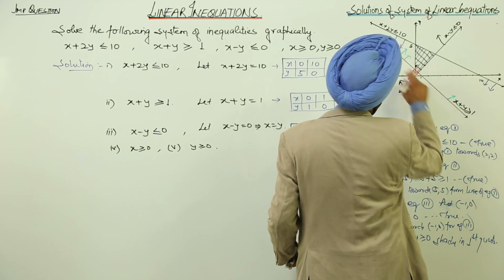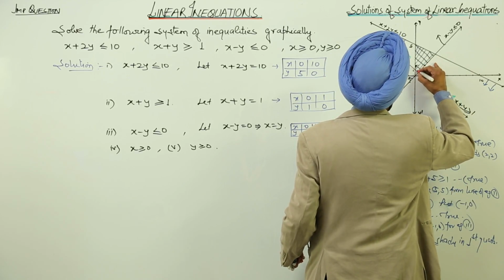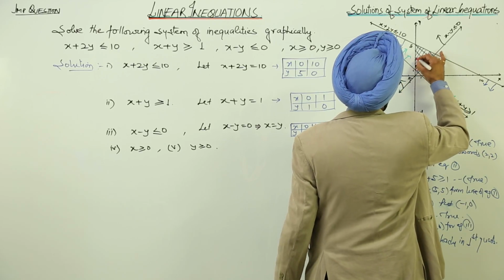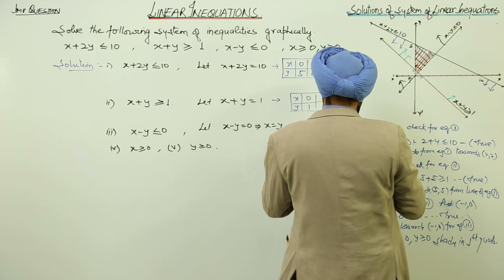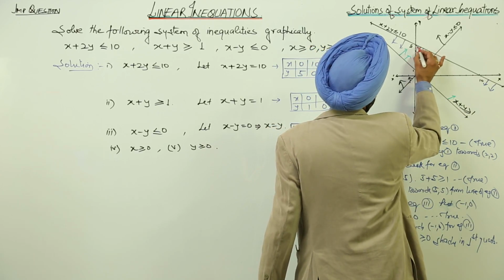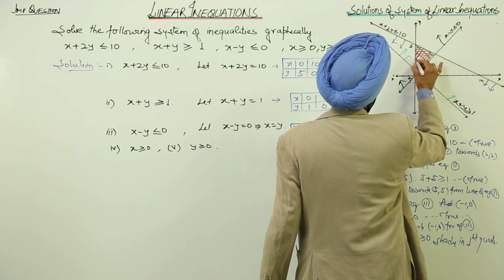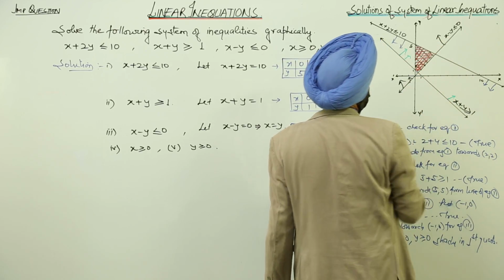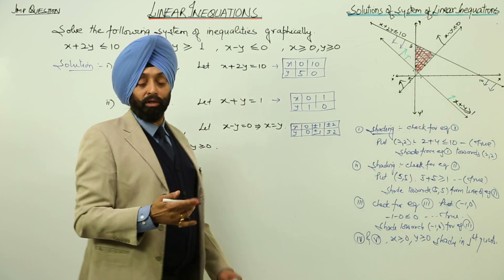Then for this line upside, so it goes for this part. Then for x greater than or equal to 0, and then y greater than or equal to 0. Okay. So this is the required area.